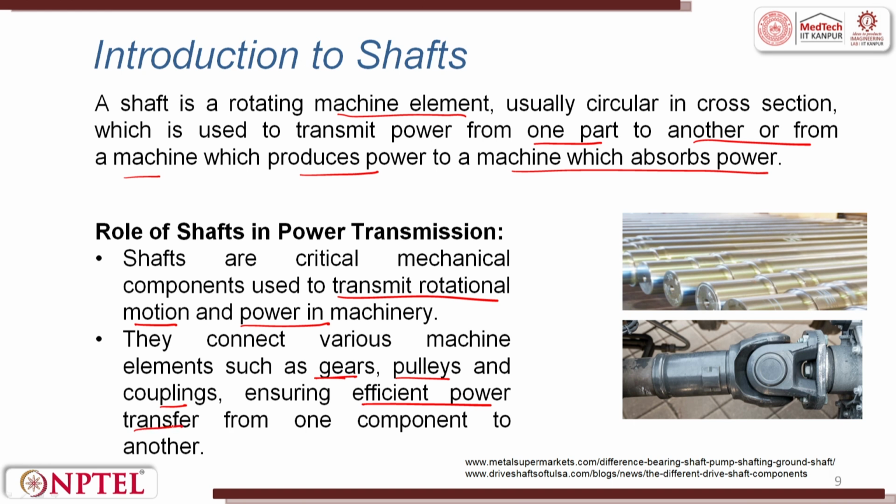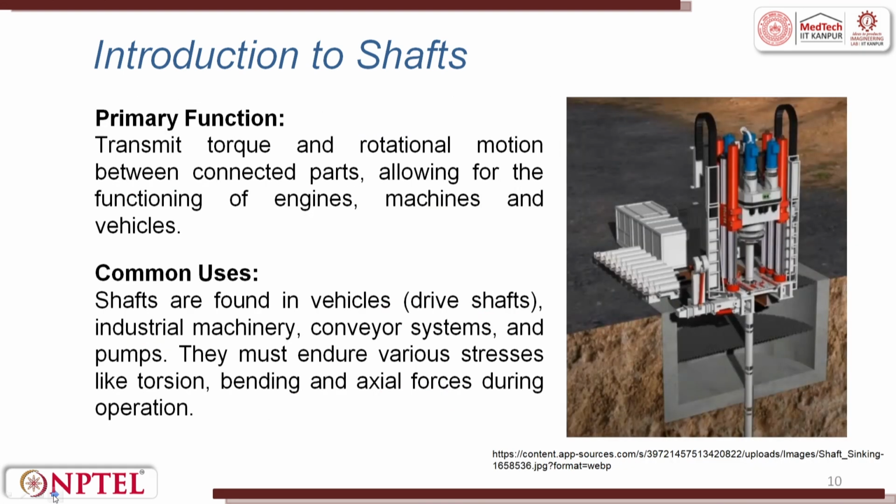Their major functions are that it transmits torque and rotational motion between connected parts, allowing for functioning of engines, machines and vehicles. Common uses of shafts are given here. These are found majorly in vehicles, for example drive shafts, then industrial machinery, conveyor systems and pumps. They must endure various stresses like torsion, bending, axial forces during operation. So these all become the design consideration when we try to design a shaft.